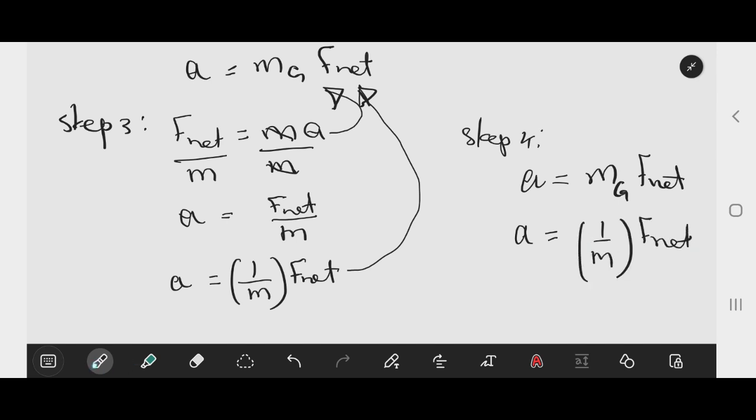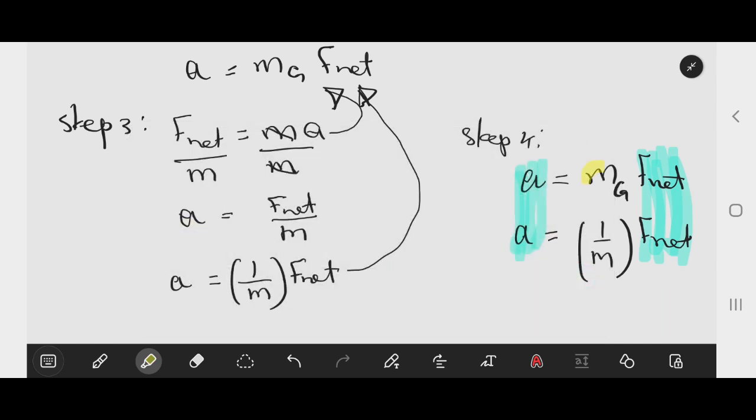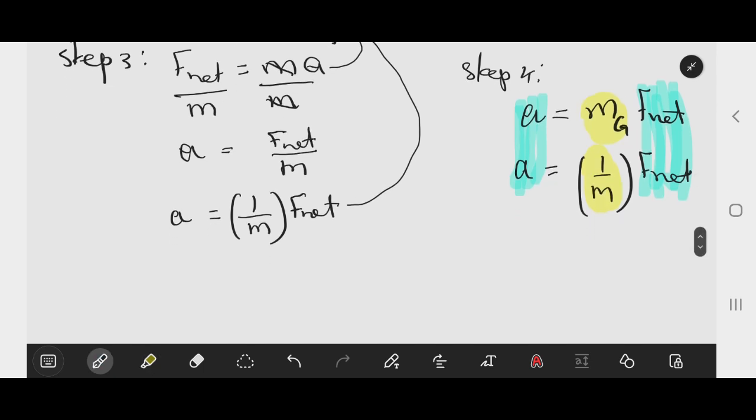So now let's compare. We can see that we have acceleration as the subject of the formula. We have net force at the end, and here in between we can see that we have the gradient being equal to 1 over mass of the object.